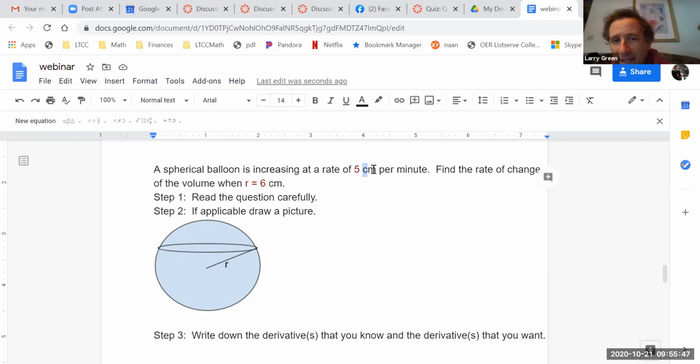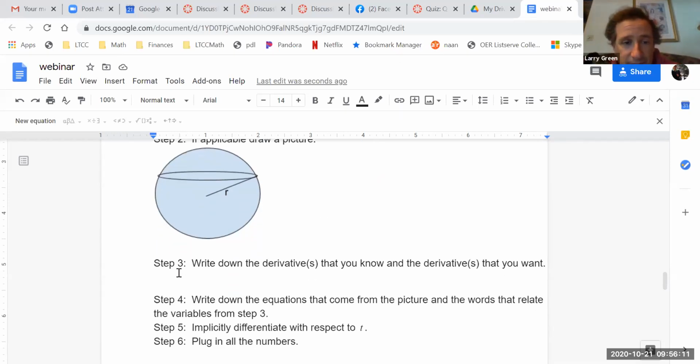Centimeters. We don't have a lot of choices here. What letter does that represent? R. Yeah, that's just R, and per minute means dR/dt. So dR/dt is 5.